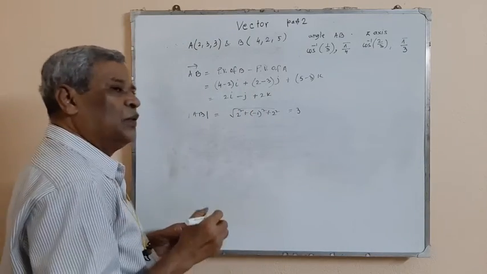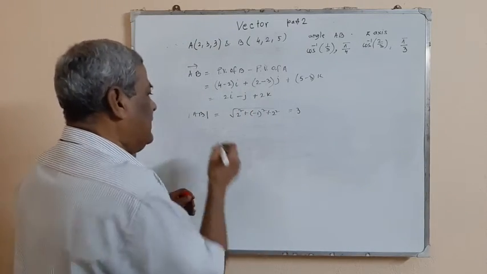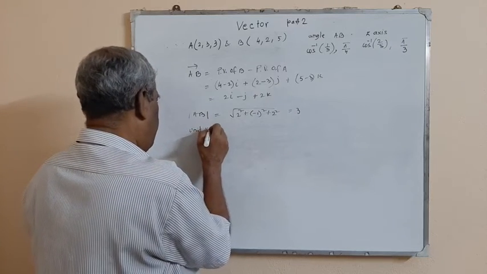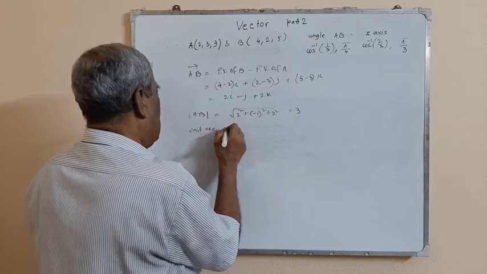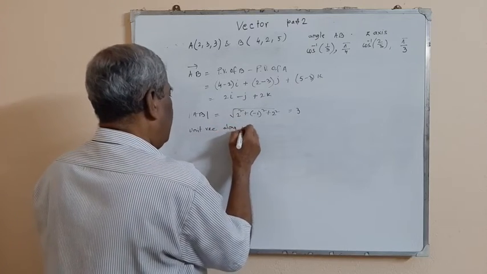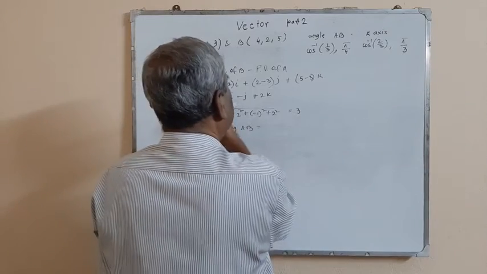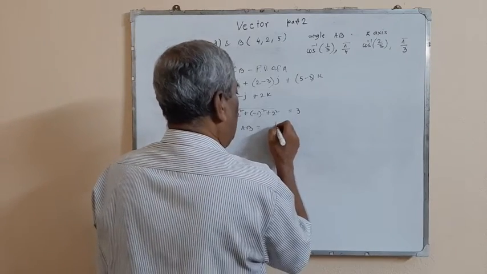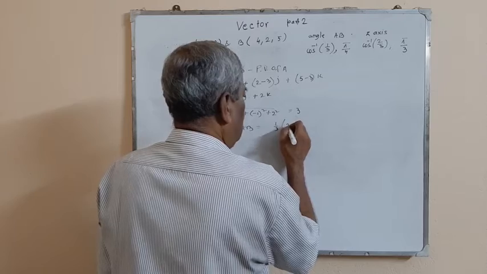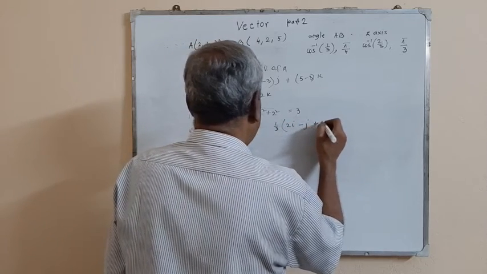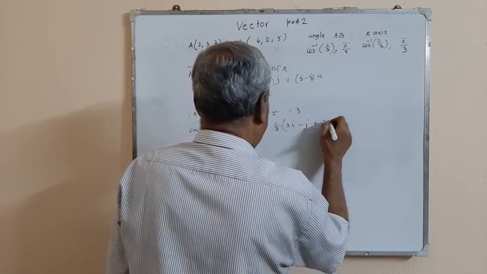So unit vector along AB is equal to 1/3 into 2i minus j plus 2k.